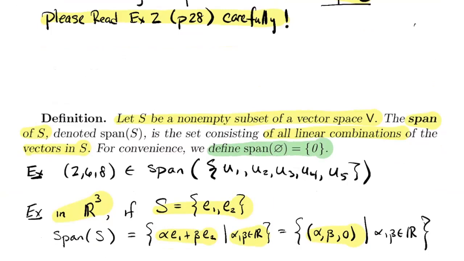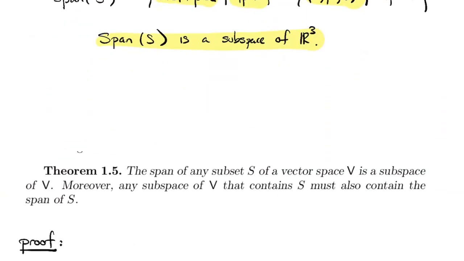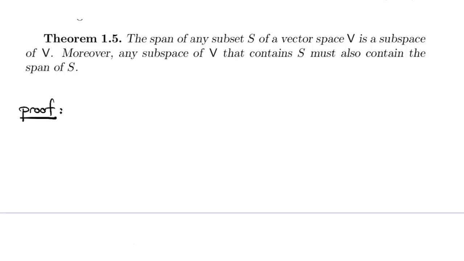The set that contains the 0 vector alone is a subspace. So if the set happens to be empty, then the span of it is a subspace by declaration, by default. That's why in the statement of this theorem, you don't see the author talking about any non-empty subset. We can say any subset, but we have to treat that as a special case.